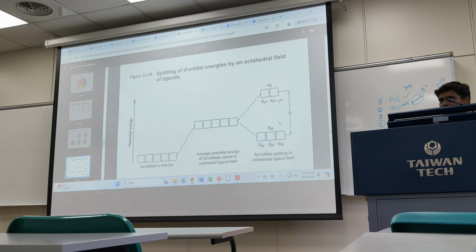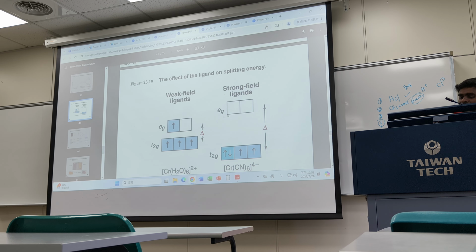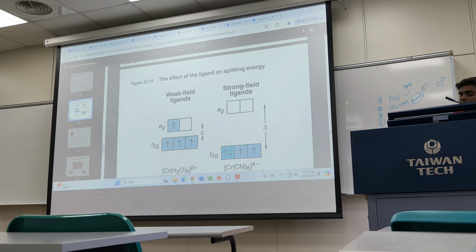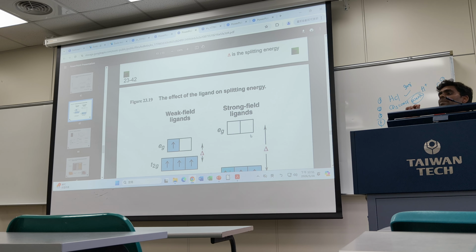This is the splitting energy. If you use this one, the question should be one of the important questions, 1, 2, because I just give some molecules: who is the weak field ligand, who is the strong field ligand, and the question should be a little bit indirect.